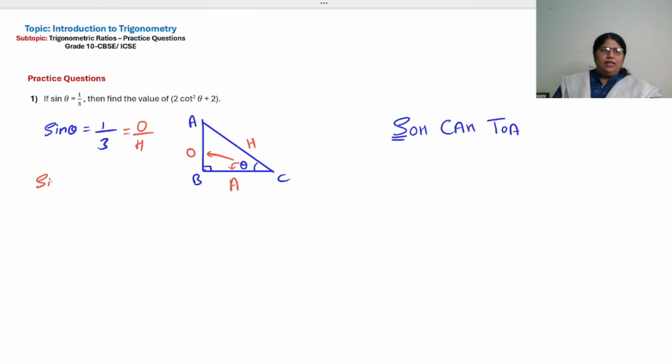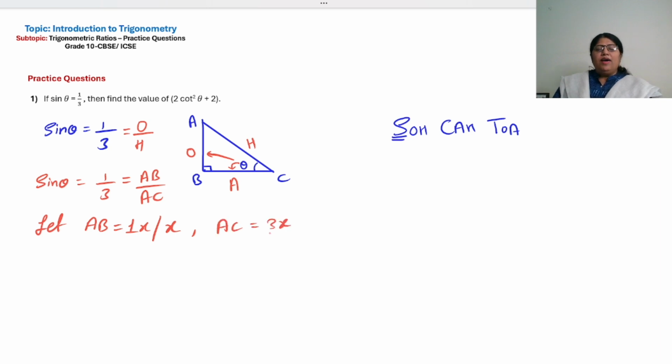Now here sine theta is 1 by 3, which is AB by AC. So 1 by 3 is a ratio. What do we take here? Let the length AB be 1x, or we can write x, and AC is 3x. Why are we writing x here? Because it is a ratio, there are infinite possibilities, as we can get equivalent ratios.